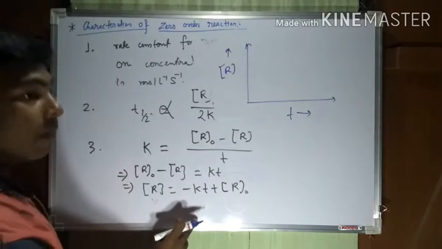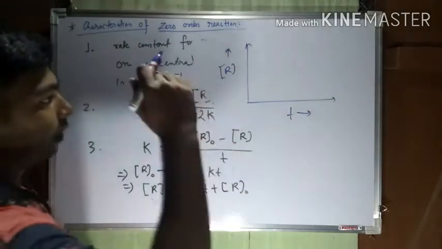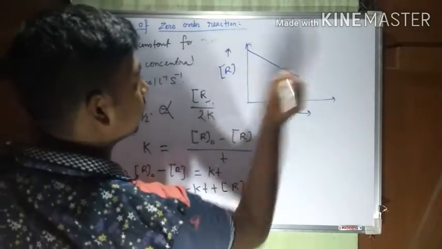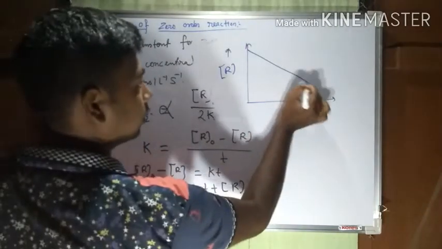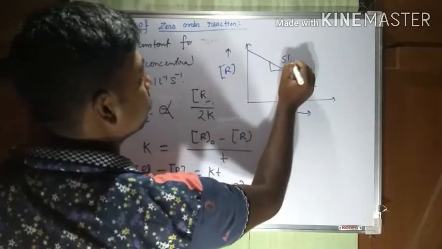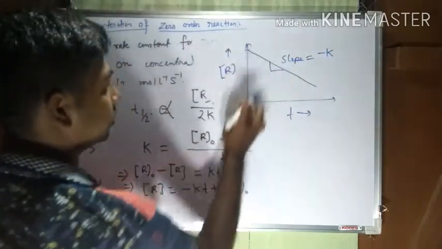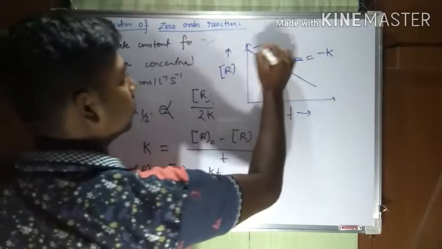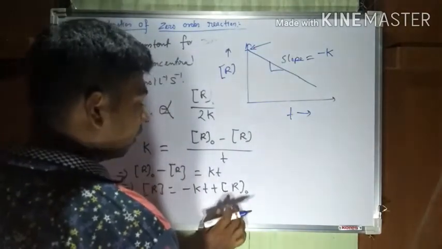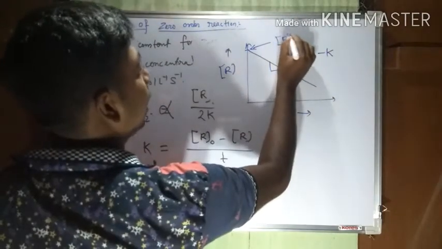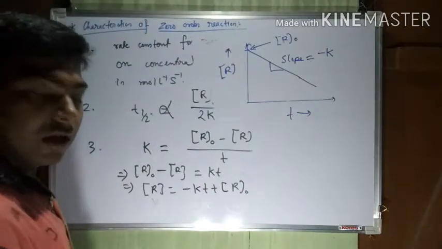That means the slope is decreasing this way. The slope is equal to minus k, and this much is the intercept. That's why this point is the concentration of R naught. Understood now?